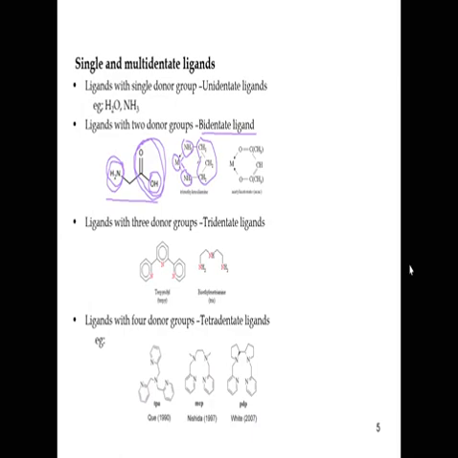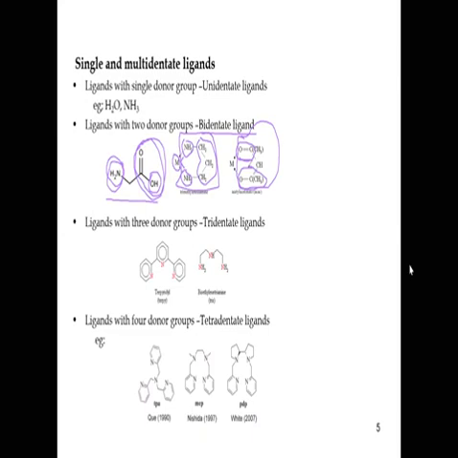Anyway, what you should understand is that this particular one is again an example of a bidentate ligand. This one here is also an example of a bidentate ligand. On this side this group acts as one electron donor group, and this group from the other side acts as the second electron donor group.